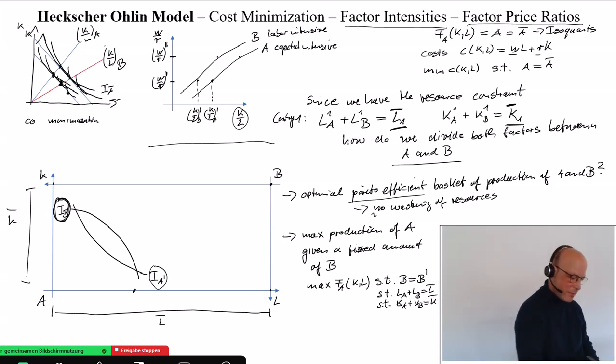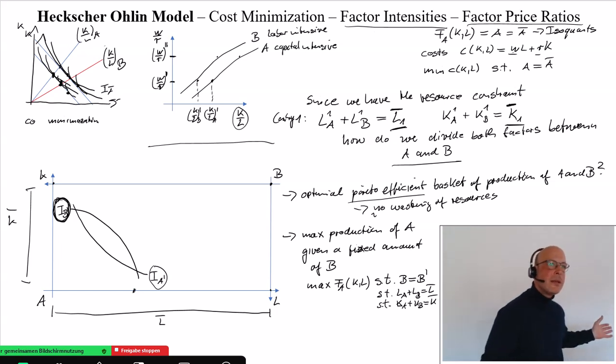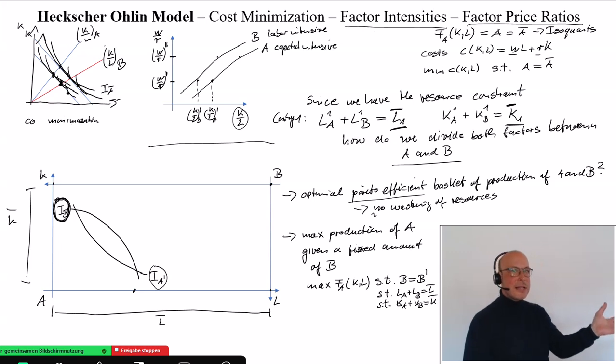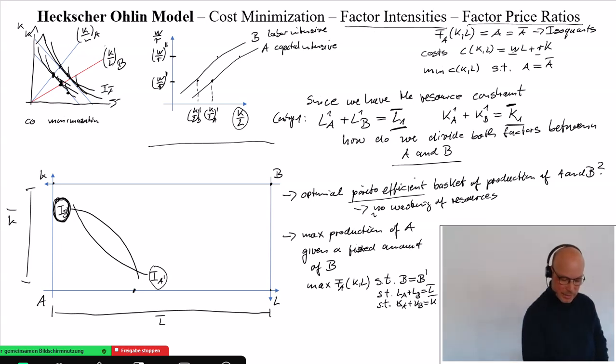So if we fix the amount of B represented by this isoquant I have drawn for B, then this would mean, well, still I can move outward with this restriction the isoquant of A as far as possible.